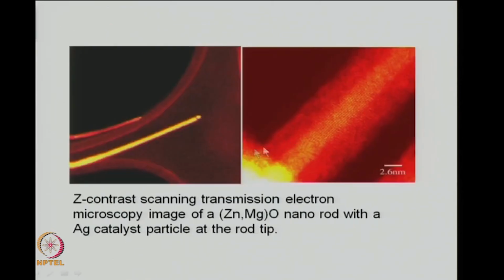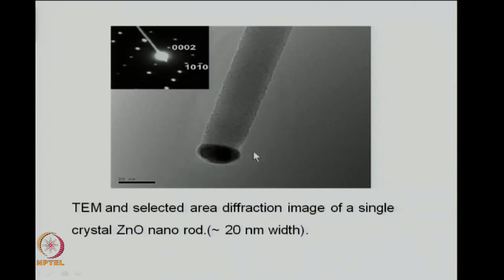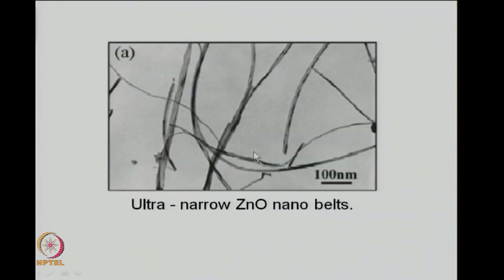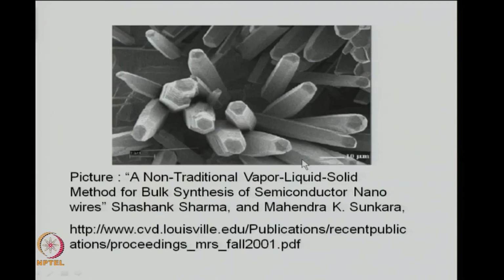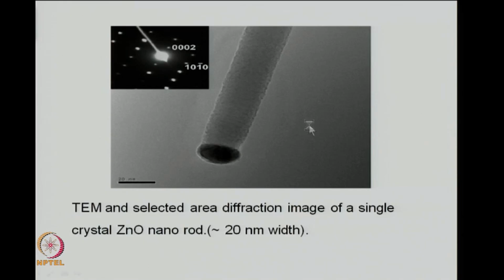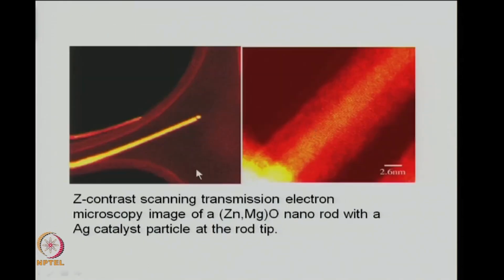This is another picture which is called the Z contrast scanning transmission electron microscope. This is called the STEM picture. So, you have the SEM picture, which we discussed earlier, you have the TEM picture, and this is a STEM picture, the scanning transmission electron microscope, in which you can see the tip of the nanorod and the nanorod which is growing.